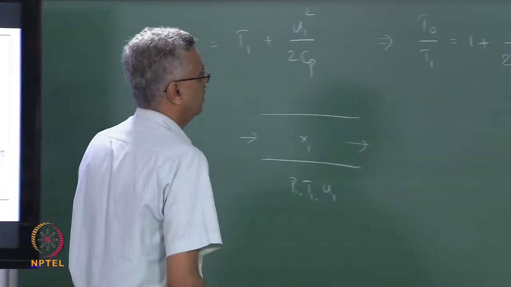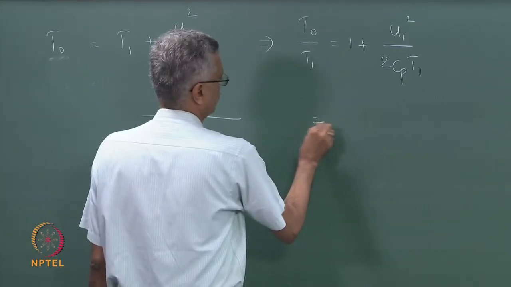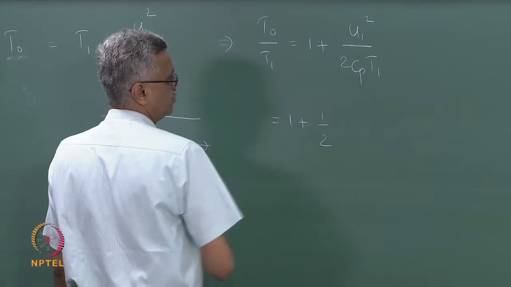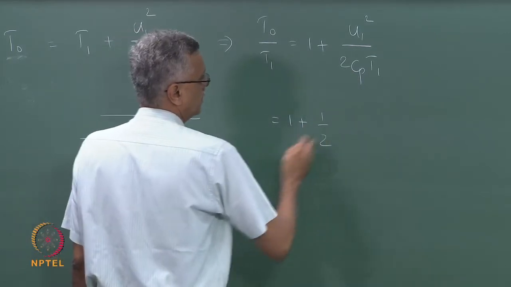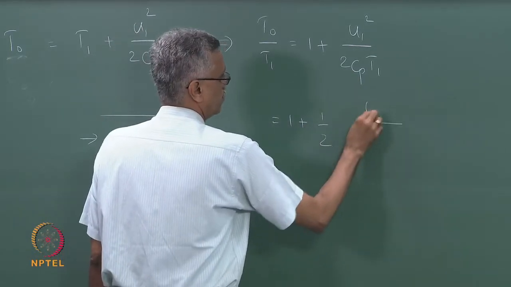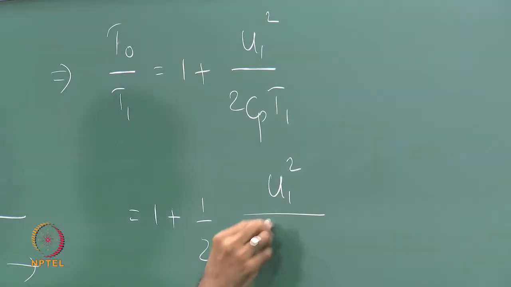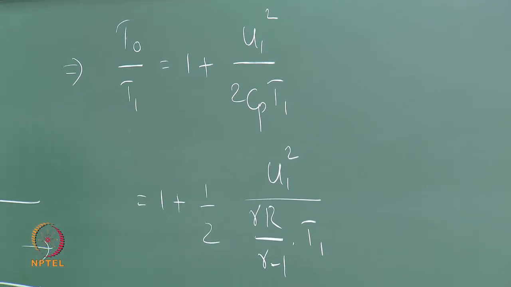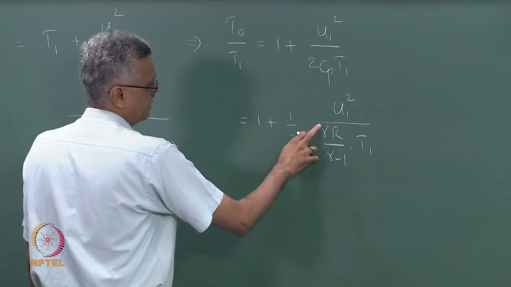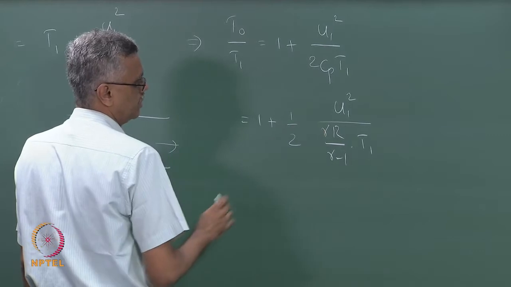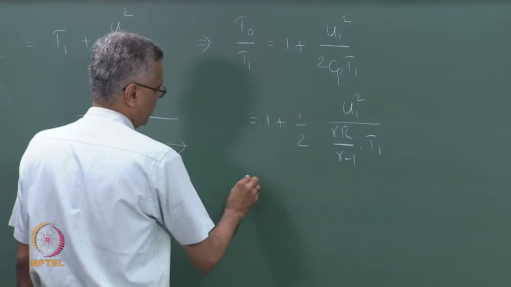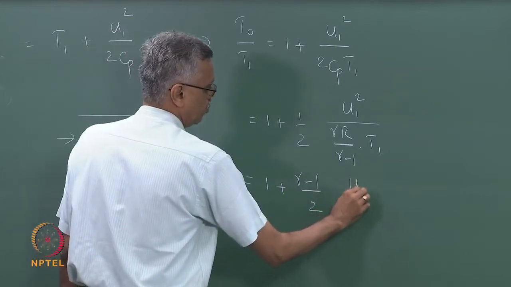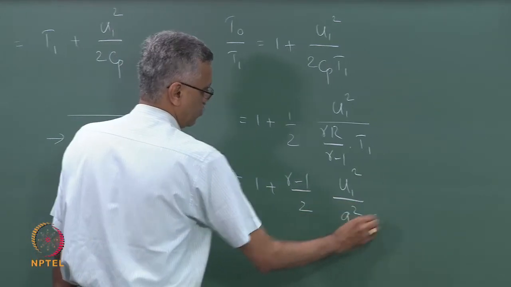Recognizing that Cp is gamma R over gamma minus 1, I can write this as 1 plus gamma minus 1 over 2 times U1 square over gamma R T1. Now gamma R T1 is nothing but the square of the speed of sound at that point, so this is 1 plus gamma minus 1 over 2 times U1 square divided by A1 square.